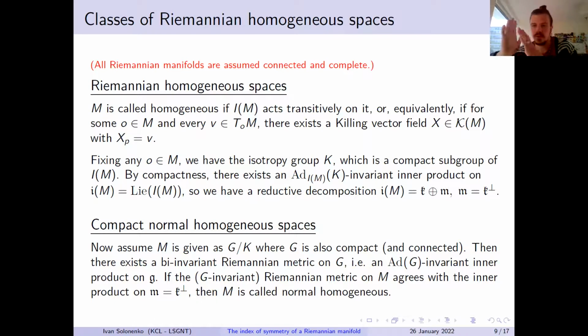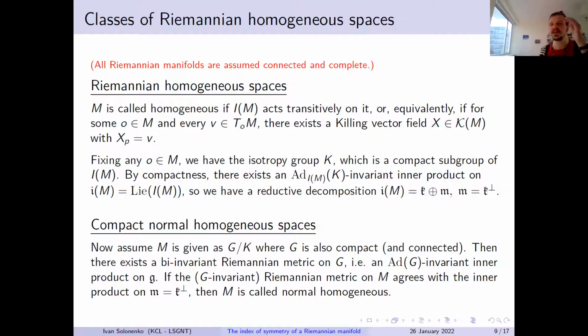And now you remember you have this identification between this reductive complement m and the tangent space to your manifold at O, at the base point. So if your Riemannian metric on M agrees with this metric on the reductive complement m, which comes from the bi-invariant Riemannian metric on G, then your space is called compact normal homogeneous. Well, it's compact right away because it's a quotient of a compact Lie group.